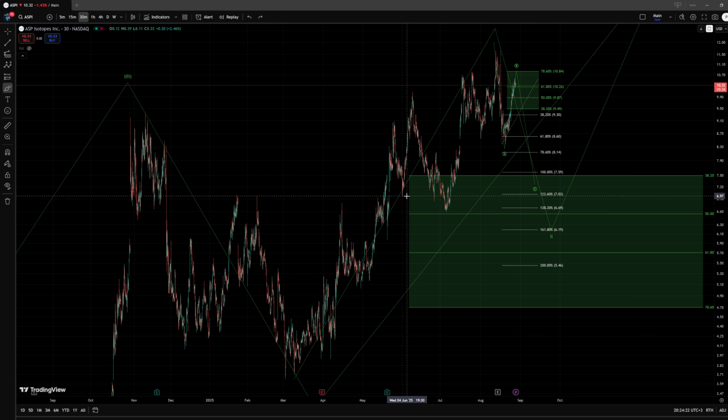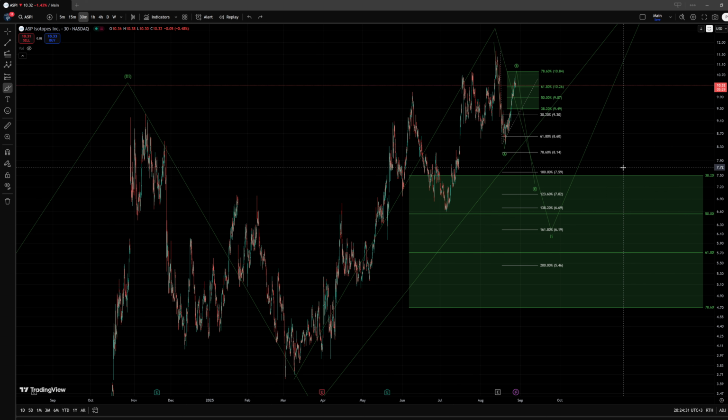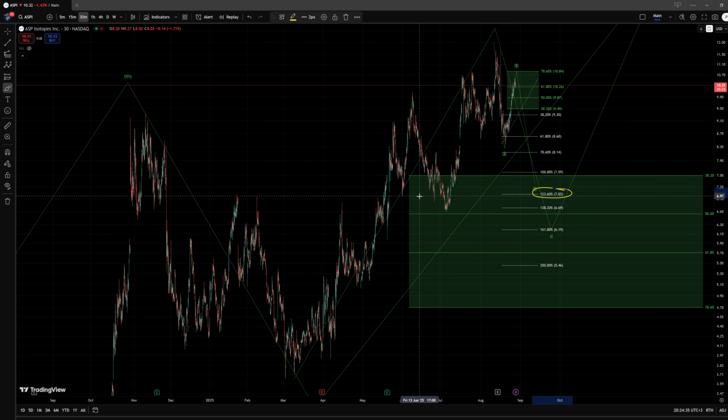But mainly I am focusing on these levels that created more strong movements to the upside, like this and this. So those would be the most relevant, being the 123.6% extension. They pretty much overlap at $7, and then the 138.2% extension.